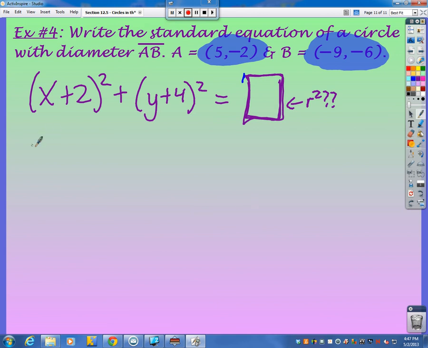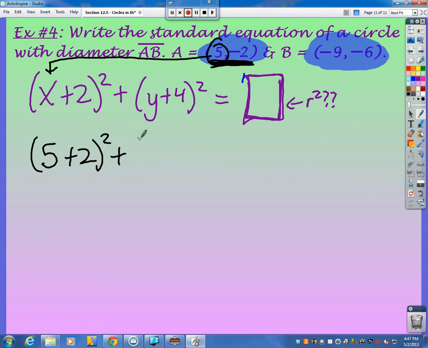Okay? So which set of numbers here look easier to work with? And I would think most of you would probably pick point A. Okay? The numbers are smaller, and we have one positive value at least. So I'm going to temporarily put 5 into x. So I'll have 5 plus 2 squared plus, and then I'm going to temporarily put -2 in for y.